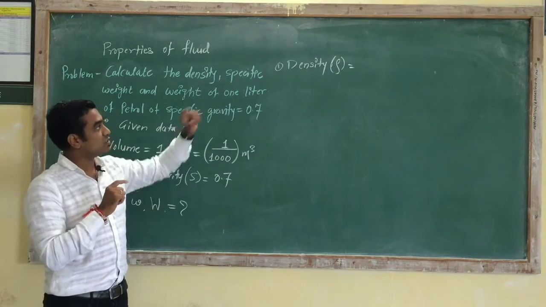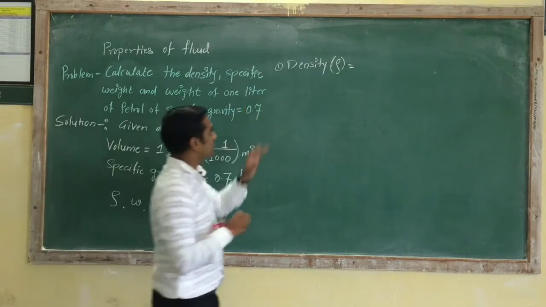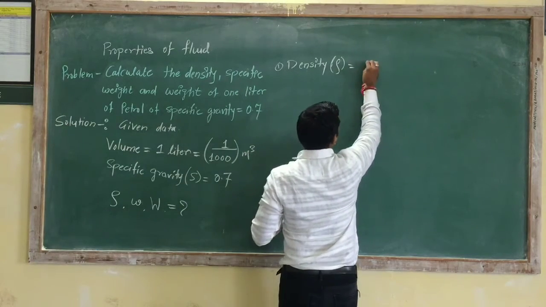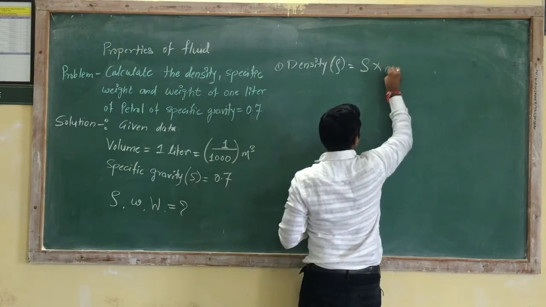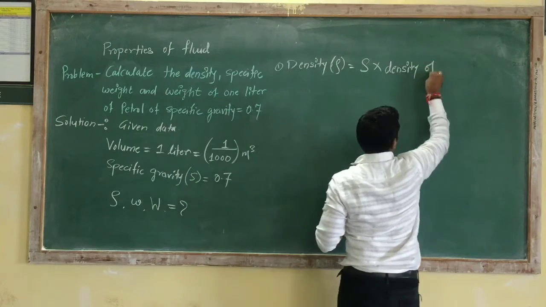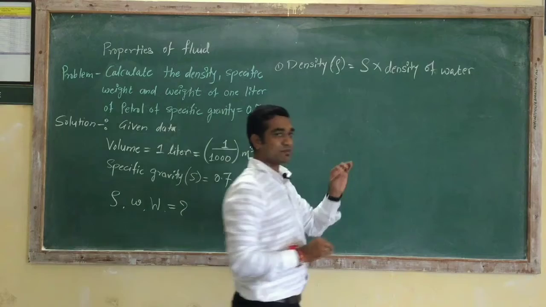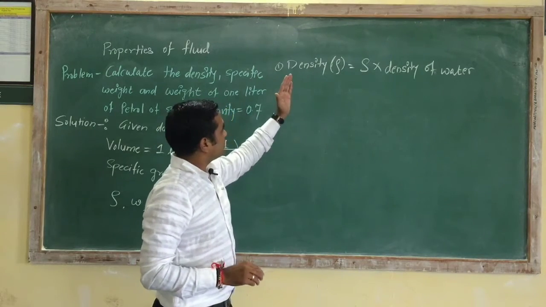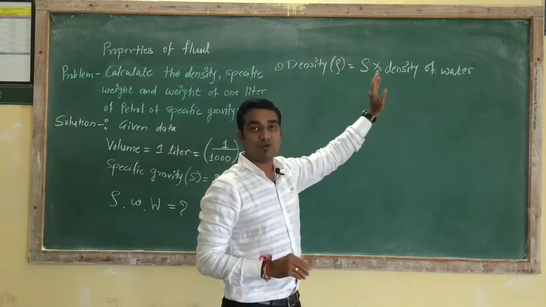This relation we have to use here to find the density of the liquid. Therefore density of the liquid is equal to specific gravity into density of water. Okay, very simple formula is this.